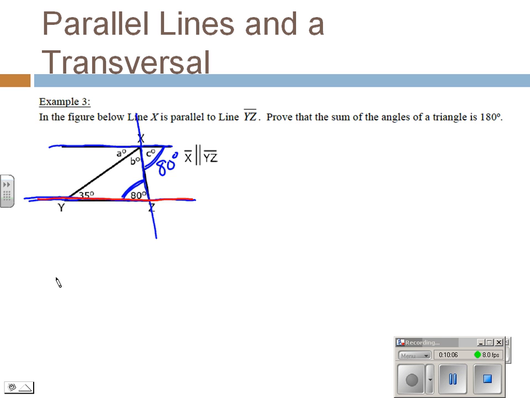In addition, we could look at our other transversal. Here are our parallel lines and then our other transversal. We can see that 35 and angle A are congruent, so the measure of angle A is 35 degrees. And then we know that A plus B plus C equals 180 degrees.